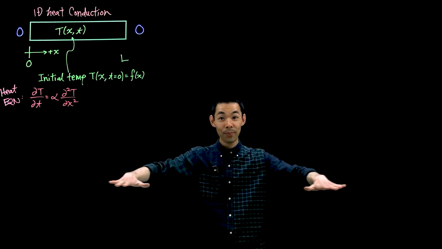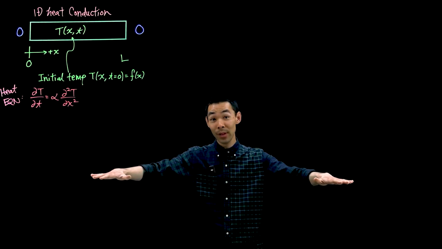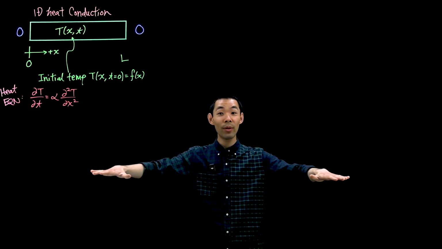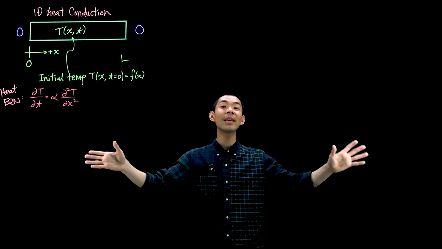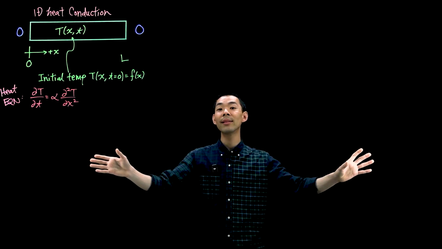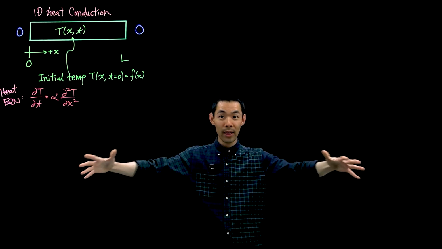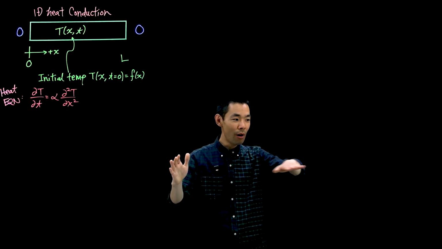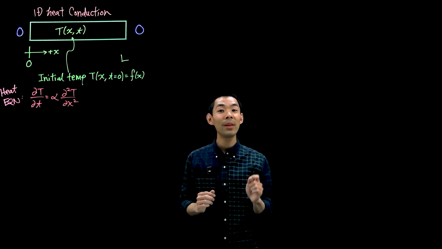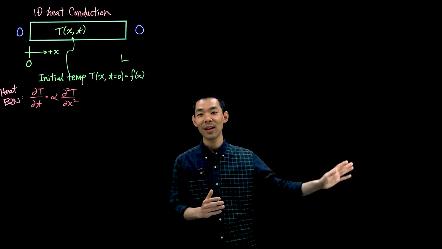And eventually, the entire material will be at 0 temperature, right? 0 C all the way across, because of an infinite reservoir, an infinite sink of heat at both ends. So whatever heat that the material initially had will get absorbed by both ends, and you'll get 0 temperature all the way across. That would be your equilibrium temperature distribution at infinite time.